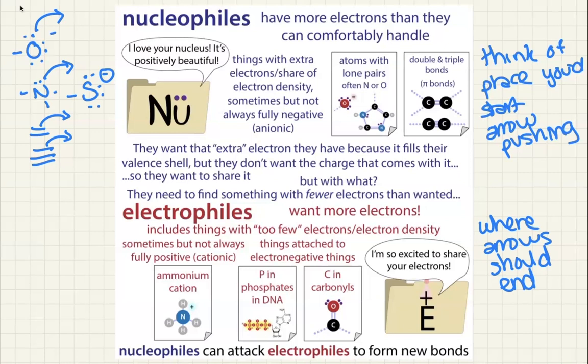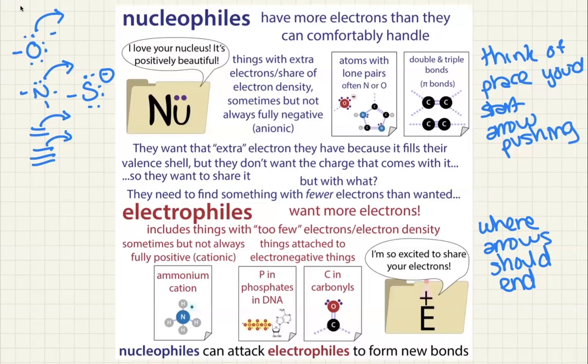Another way I remember nucleophiles is thinking of the lone pair on the U as a smiley face. With electrophiles, I like to draw a little party hat on top of an E to remind me that these are often, but not always, positively charged, or at least partially positively charged. So they're going to want some electrons to help balance out that charge.